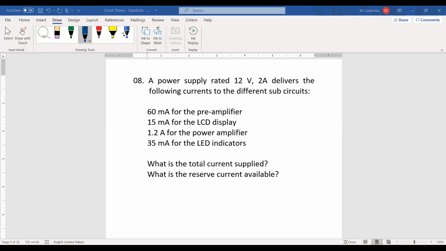The main circuit, the battery, is supplying voltages to the preamplifier circuit, LCD display, power amplifier, and LED indicators also. Then four sub-circuits are there. For these four sub-circuits, the circuit is providing the current like this.